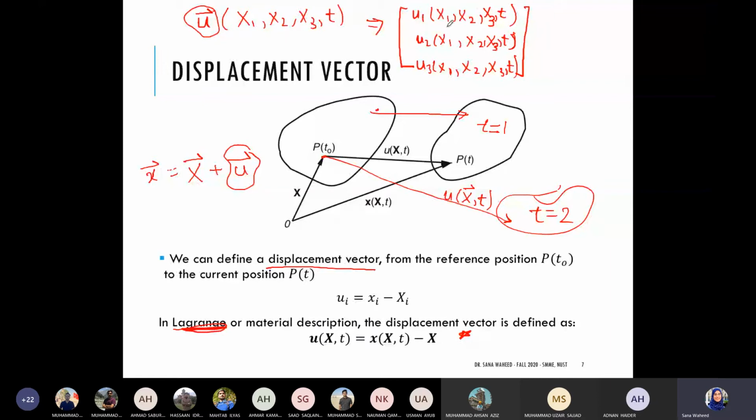Which means that if I have to write this in index notation, I have to be very careful to use different notations for this. Because what's happening is that u is an i which is going from 1 to 3 but is actually dependent on all three different components of x. So I can't, if I was to use i right here, then that would have meant that if i is 1, that is u1 I'm finding, then it's just a function of x1 and time.